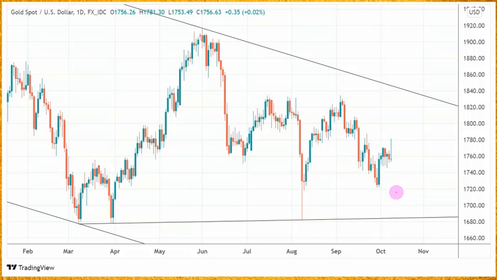If we drop below that, that increases our chances of breaking that 1680 roughly, and a break of that is not good. We're going to go much, much lower. If we break that, expect much lower targets.